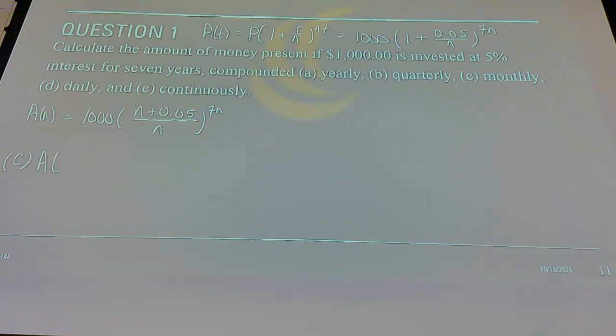What about for part C? We compound monthly. What's n? And 7 times 12. I don't have any multiplication tables. What does that give you?